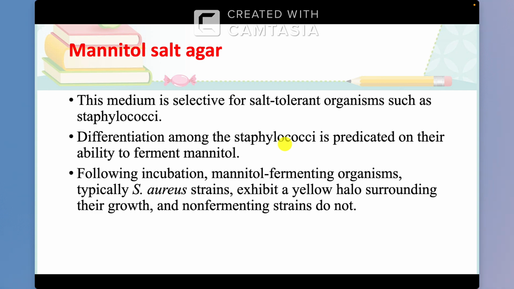On mannitol salt agar, the second section in our lab, this is a selective media for Staphylococcus, and we can depend on this media to differentiate between species of Staphylococcus.